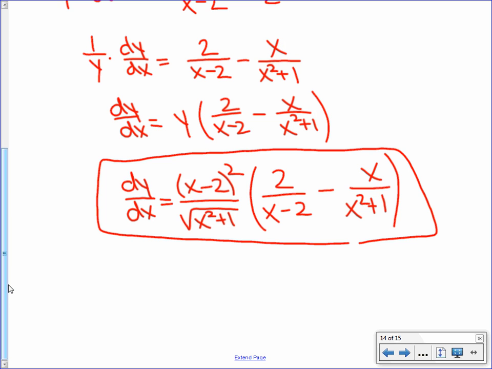Will it affect you later? I just want you to think about it like this: if we have a function that's defined implicitly, it's okay to have y's in the derivatives. But if our function is defined explicitly, I want it to be in terms of x.